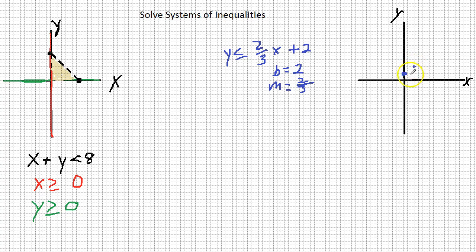Put a dot. Let me make sure it went 1, 2 over 1, 2, 3. Okay, so up 1, 2 over 1, 2, 3. Right here.